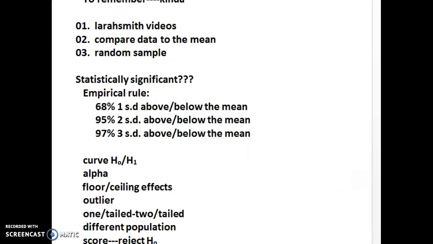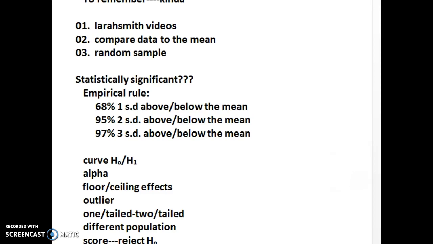Now, the empirical rule, we have 68% in the standard deviation above and below the mean. That's the percentage. Now, our standard deviation in value may be spread out further or maybe narrower, but there's always 68% within one standard deviation above or below the mean.